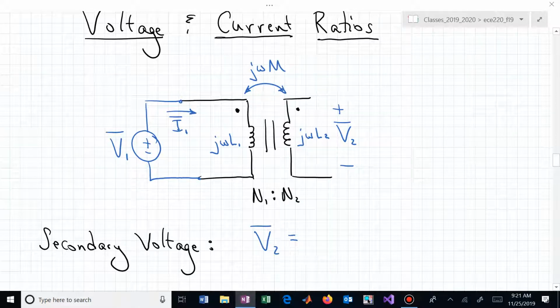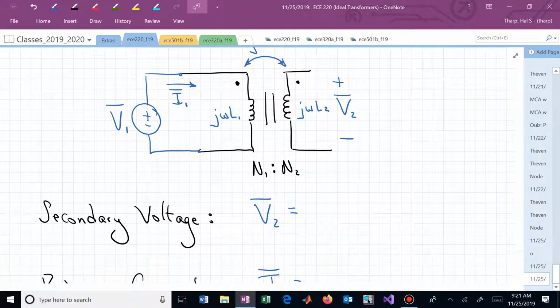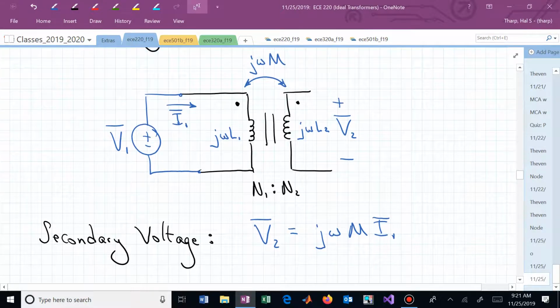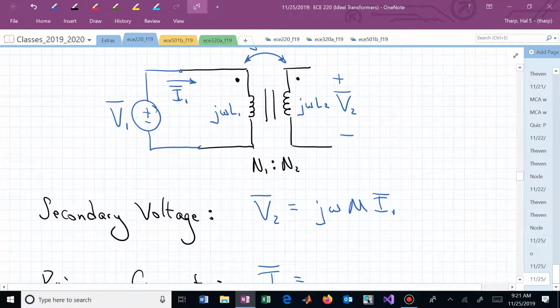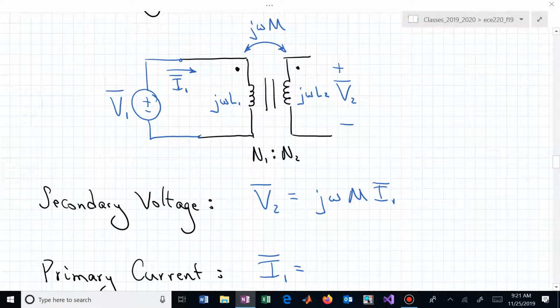So V sub 2 is j omega M I1. On the primary side, what's the current I1 phasor?